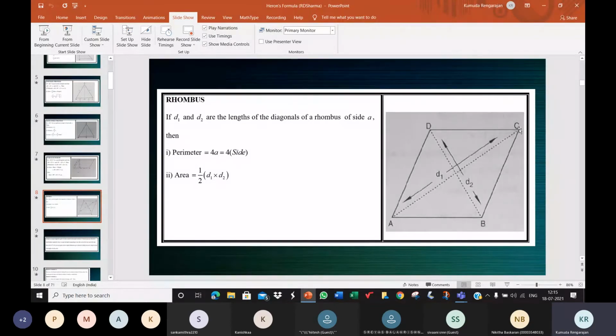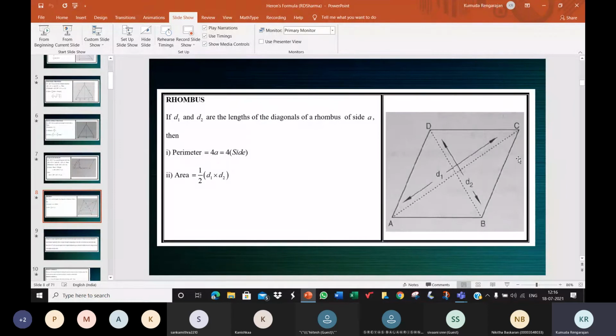Now, when we talk about the altitude from the vertex C, altitude is a perpendicular, so it has to fall straight down like this. It's not going to meet AB at all, so it will meet AB produced somewhere here.